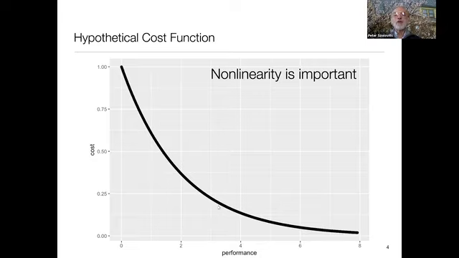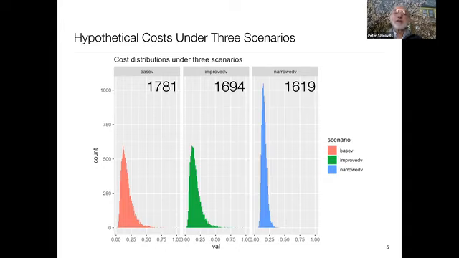And in fact, this is a purely hypothetical model that I've built, but if you do the calculations, you discover that for the base distribution, here's the distribution of costs. For the slightly improved distribution, you get a cost which is 1,694 versus 781, again in arbitrary units.